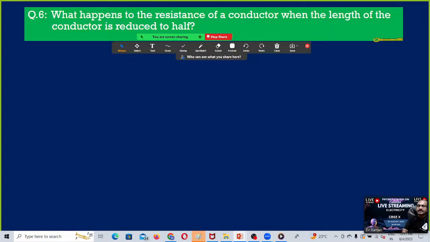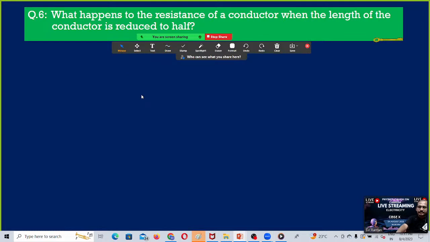Repeating the question again. So how to answer this question? As you know, resistance R is directly proportional to length L. Now the length of the conductor is reduced to half, so L becomes L by 2. What happens? R becomes R by 2. Very simple. So this is the way we can write it.